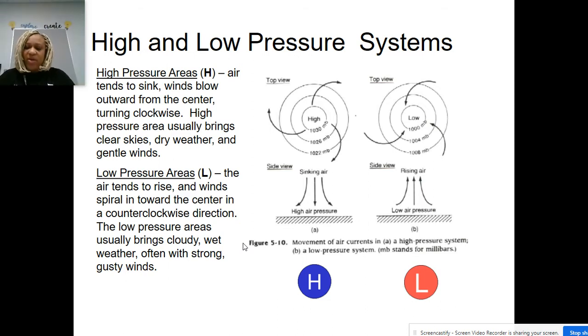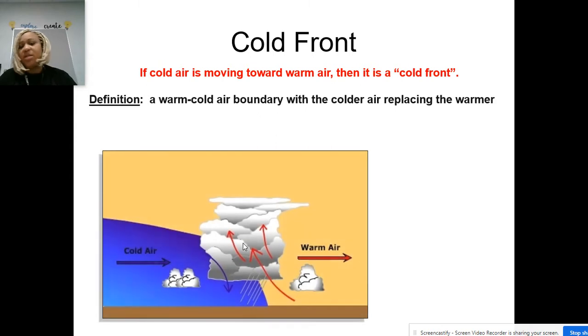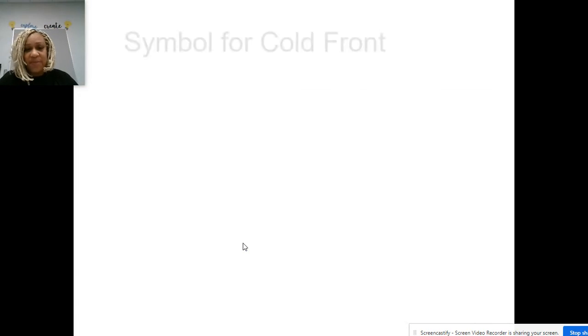That is going to bring about that stormy weather. Okay. So a cold front, and I want you all to pay attention to this. If cold air is moving toward warm air, then it is a cold front. It is a warm-cold air boundary, with the colder air replacing the warmer air. A typical cold front plows into warmer, lighter air, forming towering clouds, rain, and often thunderstorms.